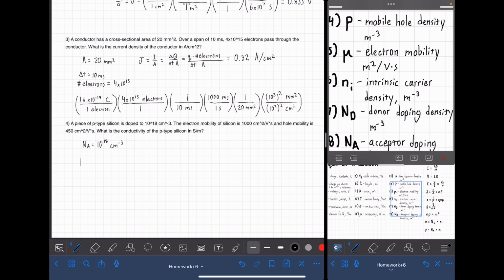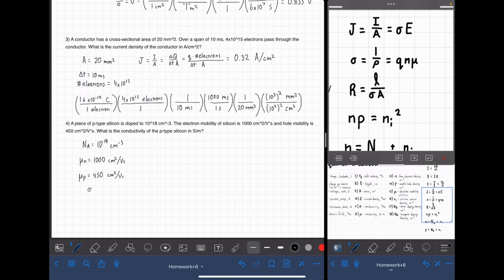We can write that as mu n for our electrons, 1,000 centimeters squared per volt second, and mu p for our holes, positive, is 450 centimeters squared per volt second. We need to find the conductivity of the p-type silicon. So that's our sigma. If we look over here, we see that sigma is equal to q n mu.